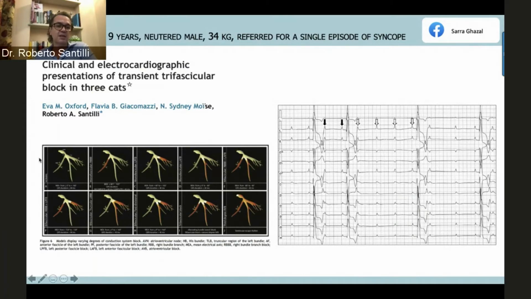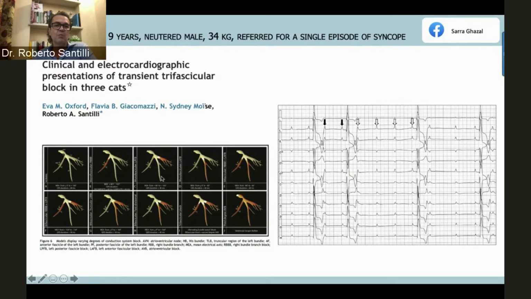But what is nice, I think, is that we published this table where you can find, for cats, all the different AV blocks, starting from normal, going to the right, left posterior, left anterior, bifascicular, so anterior and right, or posterior and right, or truncular left bundle branch block, postdivisional, and trifascicular. And we placed here for you all the axis and the deviation and the QRS complex duration.